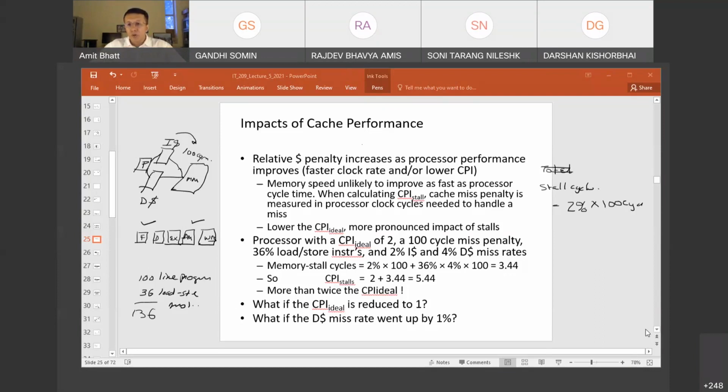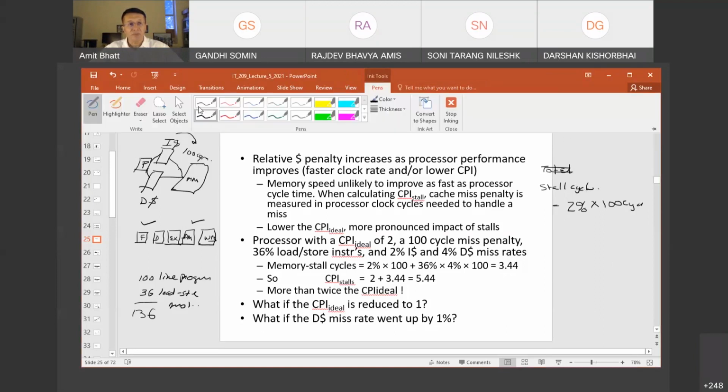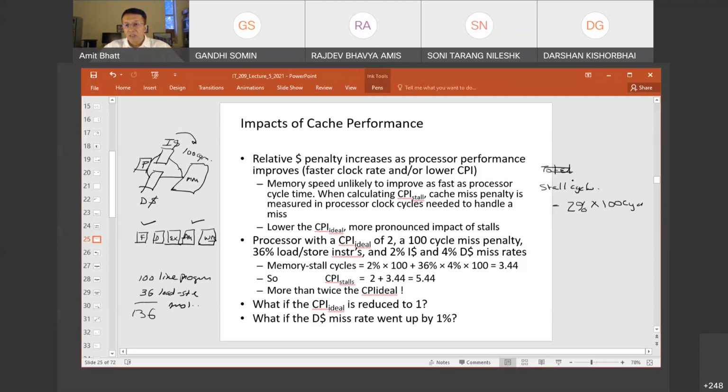Okay, so for instruction, the total number of misses would be this. 2% times 100 cycles, and this is for instruction, and for data, it is 36% of 4% times 100.